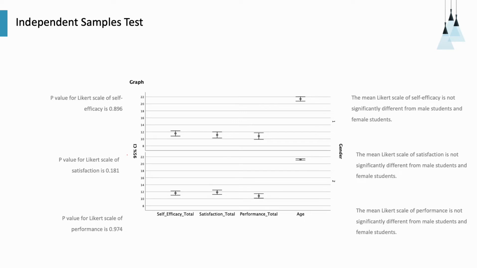The independent sample test showed that the p-value for the Likert scale of self-efficacy is 0.896. The p-value for the Likert scale of satisfaction is 0.181. The p-value for the Likert scale of performance is 0.974.